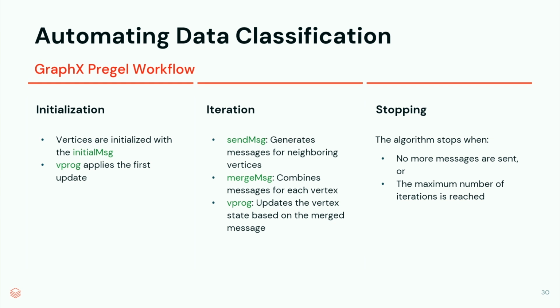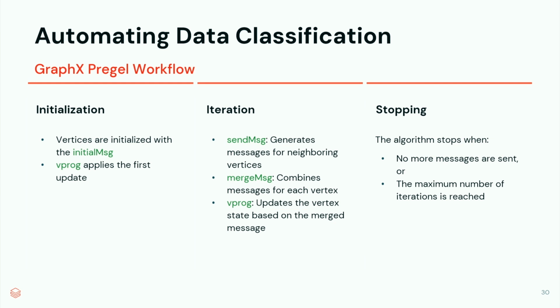So the workflow works like this. We have the initialization. At first, the vertex will receive the initial message value. The vprog applies the first update.